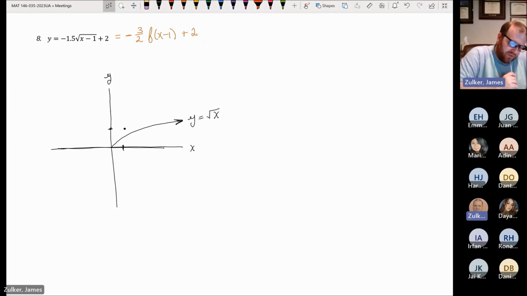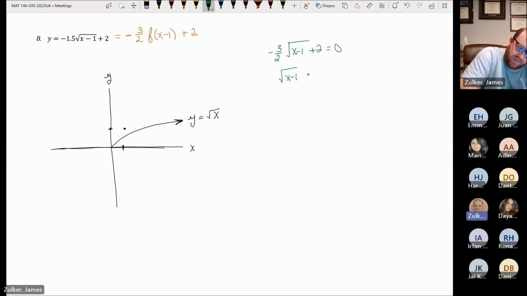All right, where is it going to cross the x-axis? X equals.